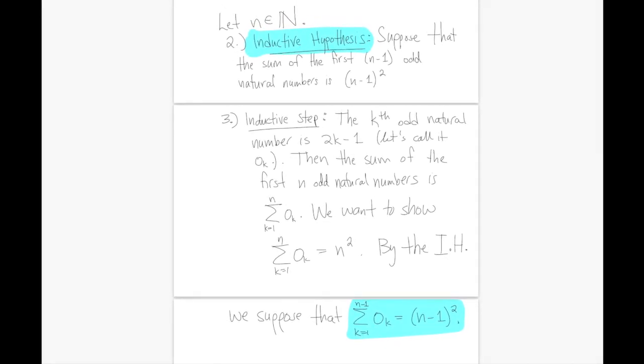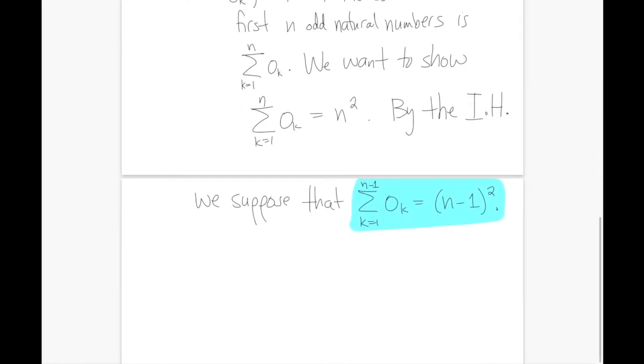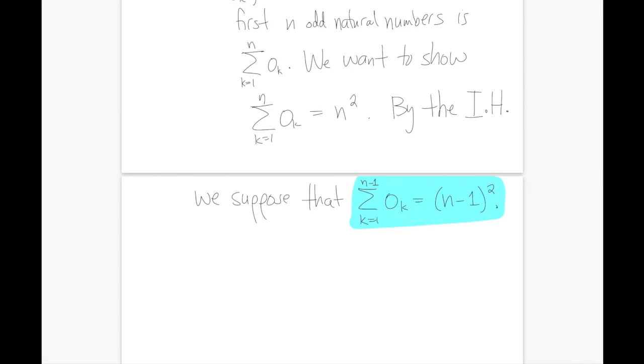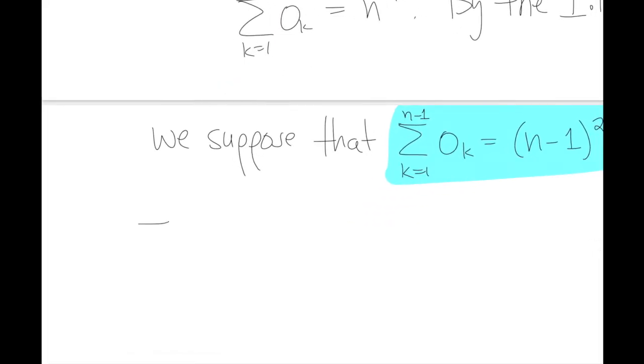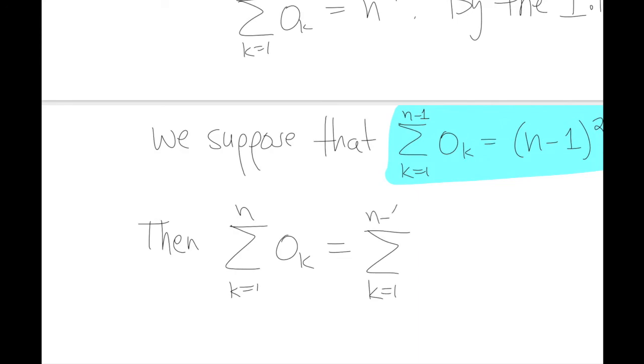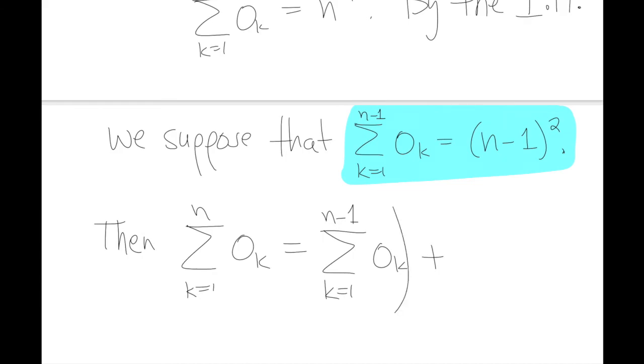Okay, well now that we've supposed that, writing down this sum becomes a little bit more manageable, because we can just write that this sum is actually just equal to the sum from 1 to n minus 1 of O sub k, plus that last term that we're dealing with, plus the nth term.